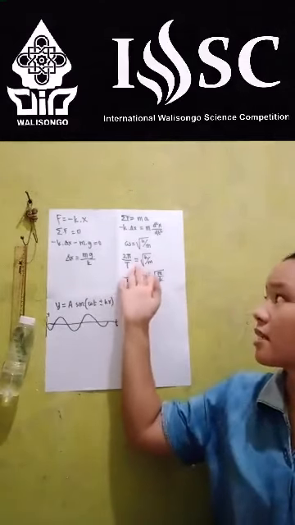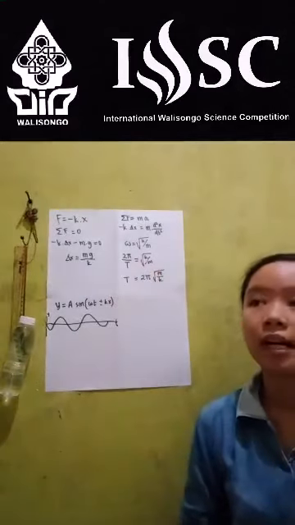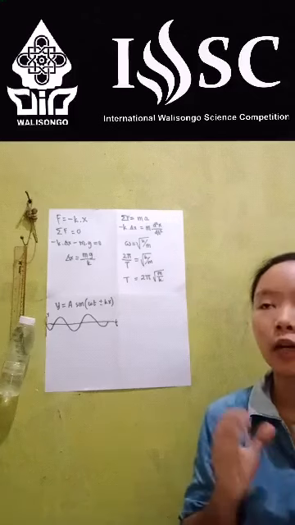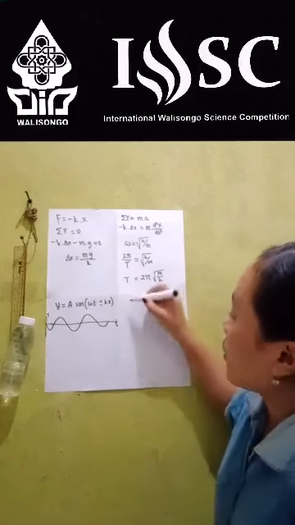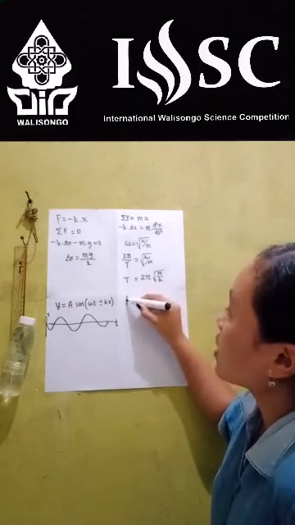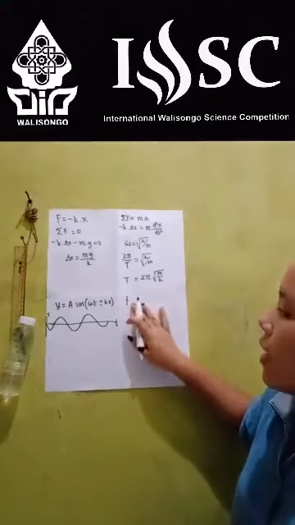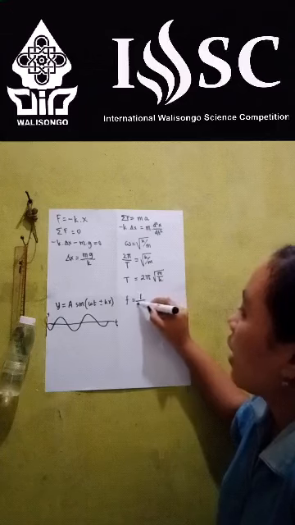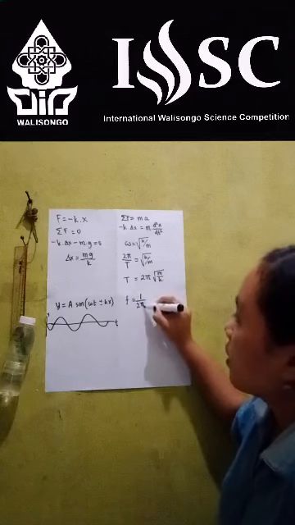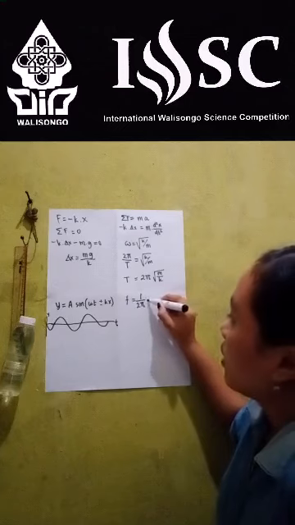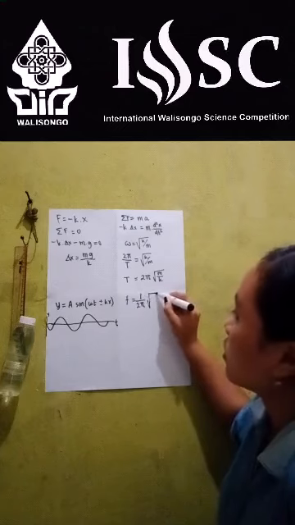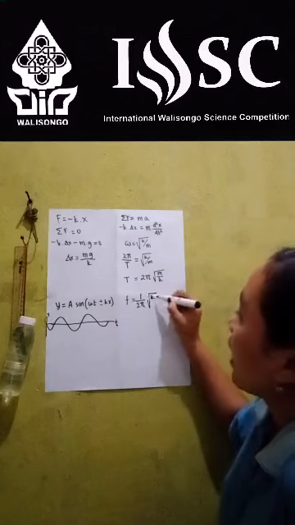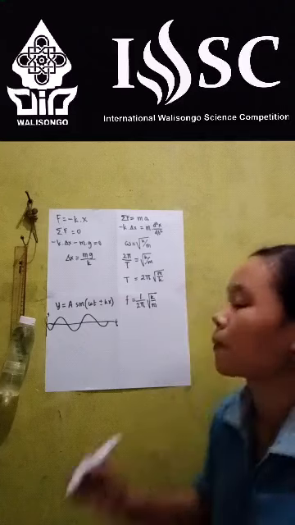And from this equation, we can get the expression of the frequency. The frequency equals 1 over 2π times root k divided by m.